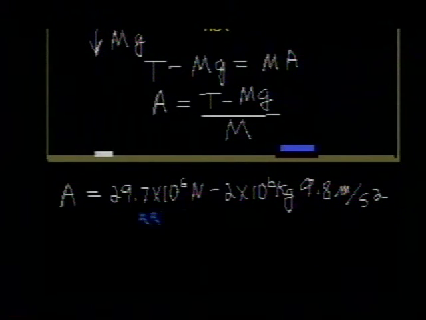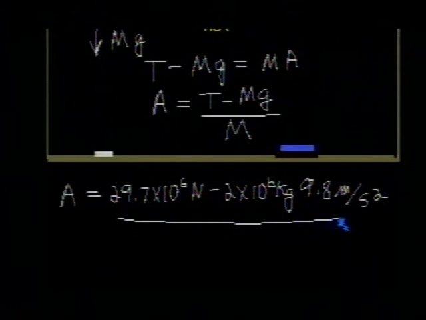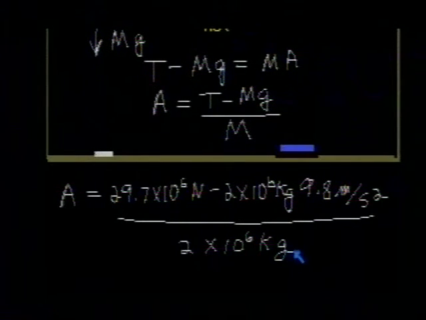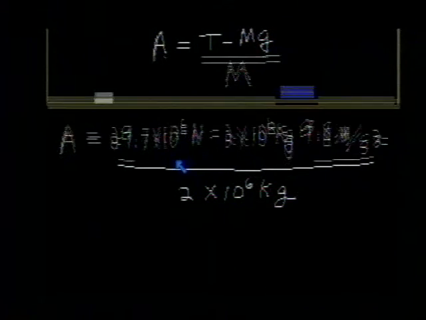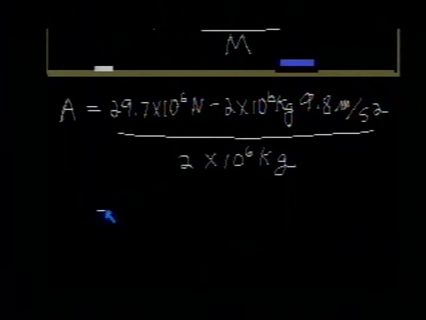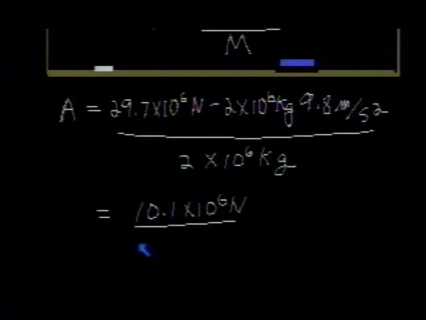We divide all this by the mass, which is 2 times 10 to the 6th kilograms. If you use your calculator to evaluate the numerator, you will find that that comes out to be 10.1 times 10 to the 6th newtons. We divide that by 2 times 10 to the 6th kilograms.